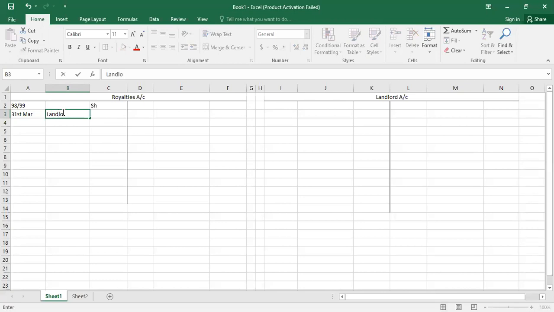We have the landlord. The tons that you are producing are 200 tons, and each ton is going for 2.5.